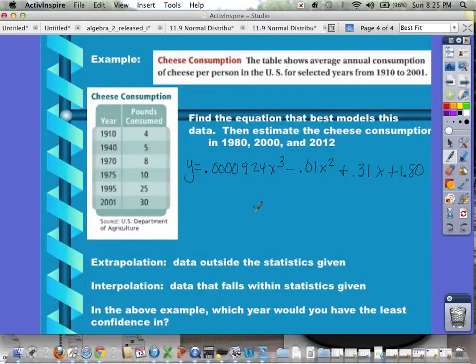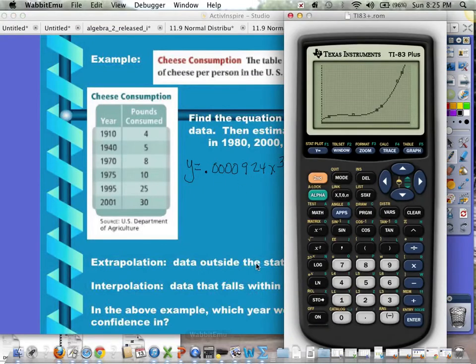So when I do that, put my calculator and go to second quit, clear all that off. I'm going to type 0.1234924 parenthesis, and I'm going to put my 80. I'll put another parenthesis, and that's going to be cubed, raised to the third.